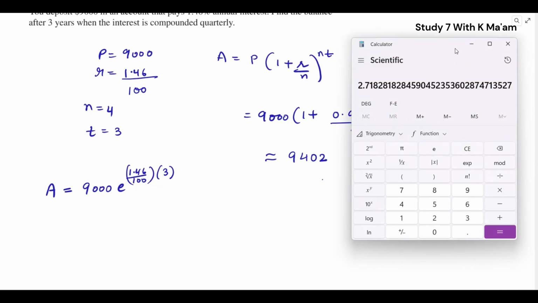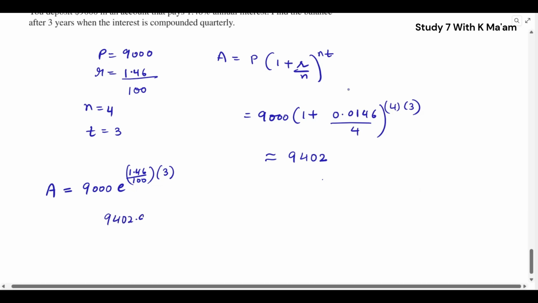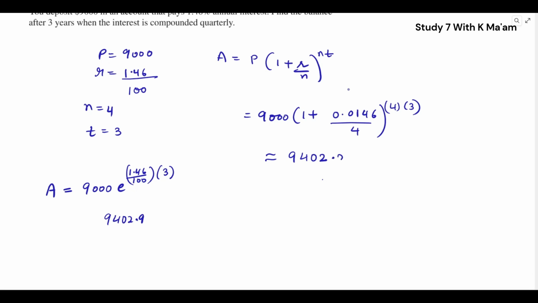We have e to the power 0.0146 into 3. This is the power of e. Multiply by 9,000. I'm getting 9,402 point, there is a difference in decimals from the previous answer. 9,402.9 something, and this was 9,402.2 something. This is the amount.